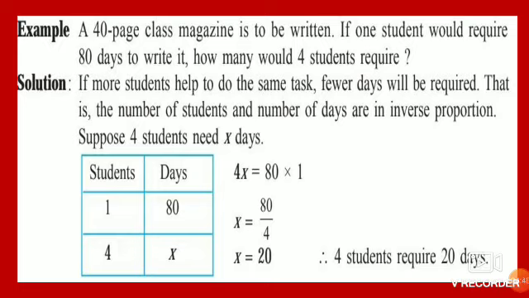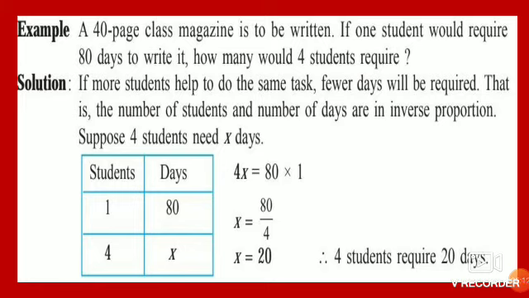Here the first quantity is the number of students, which increased from 1 to 4. And the second quantity is days, which will be less, but we don't know the exact number, so consider it as x. But as the second quantity decreased and the first quantity increased, we can say that this example is of inverse proportion.